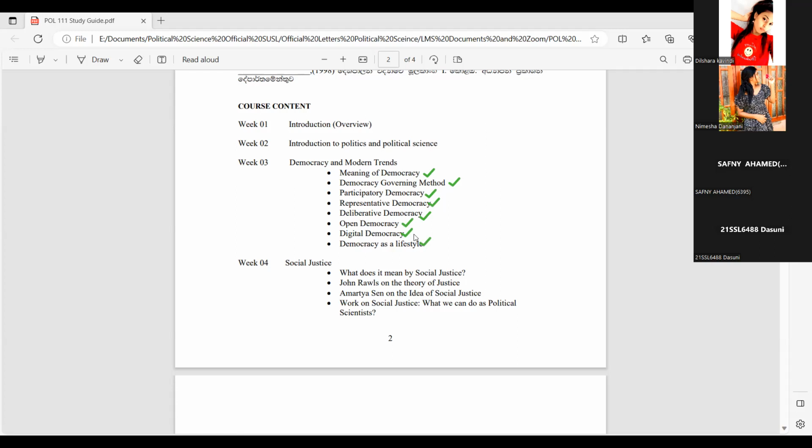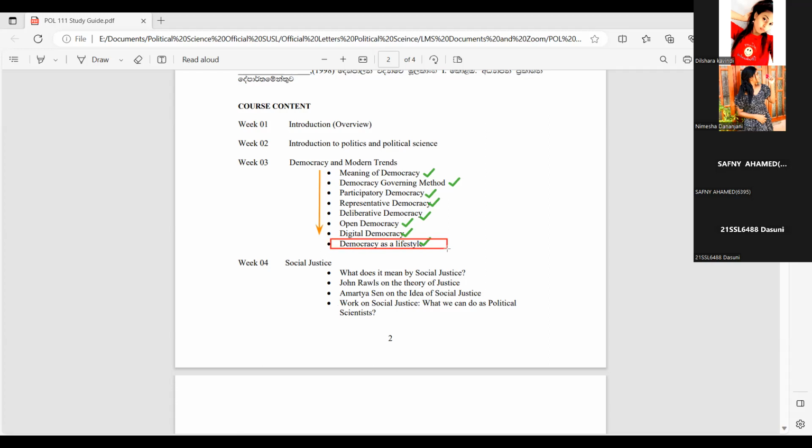Until this point, we discussed democracy as a governing style, right? We study democracy as a governing style from here to this point, right? But this one is new.